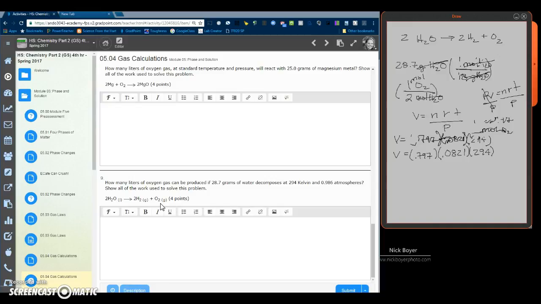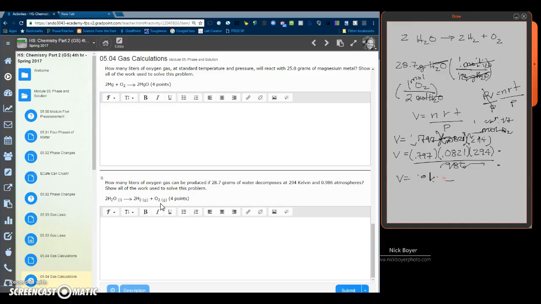Okay, and then this is all going to be divided by the pressure, which is 0.986 atmospheres. Once I do these calculations, remember to do the numerator first, then divide by the denominator, and when I get the result, it's going to give me 19.5.